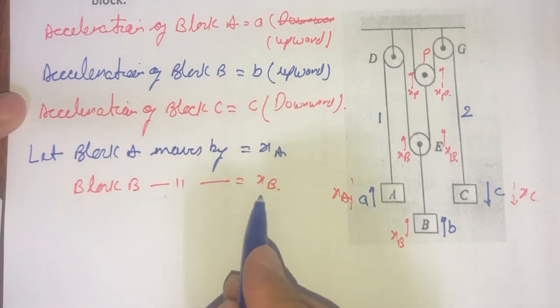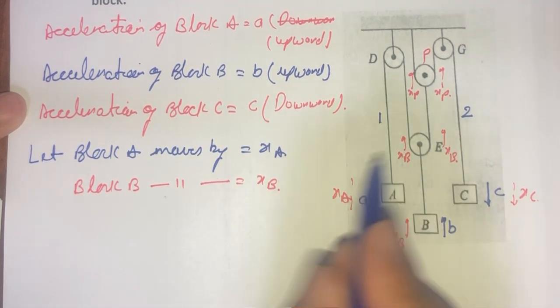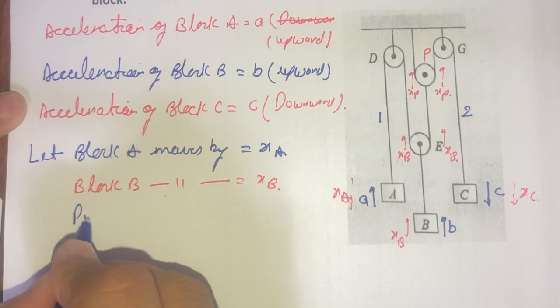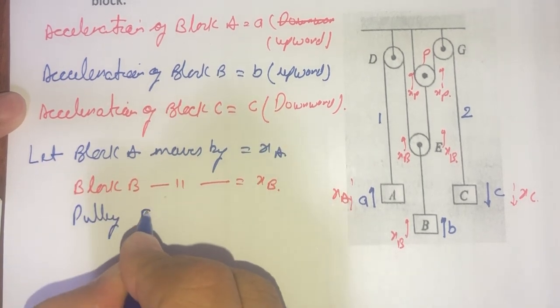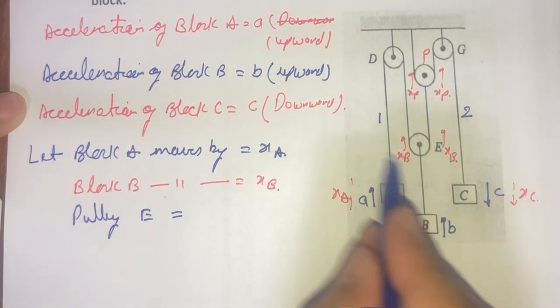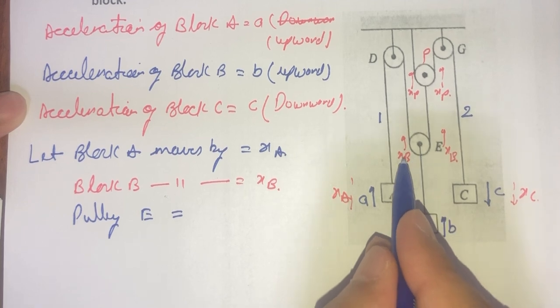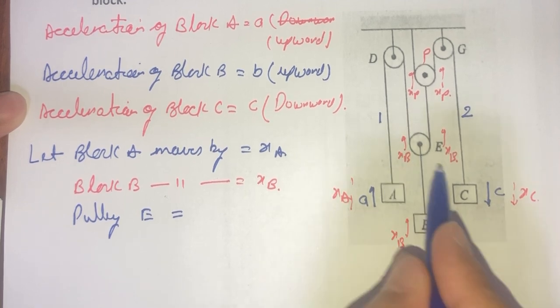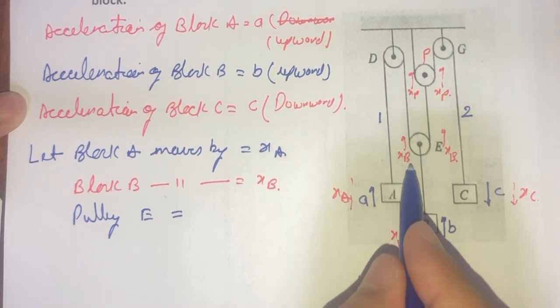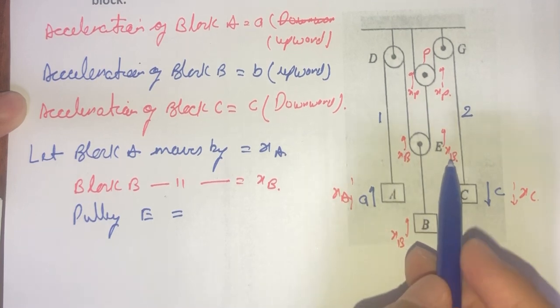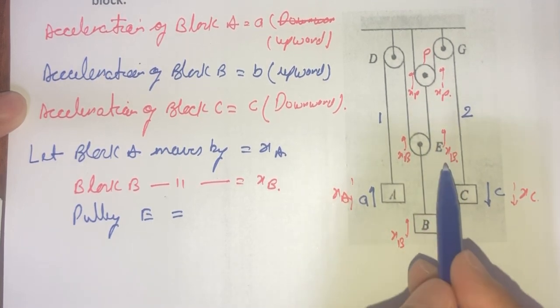If block B moves by XB, we can say that pulley E will also move by XB, and to the left side the string will be moving by XB, and to the right side the string will also be moving by XB.